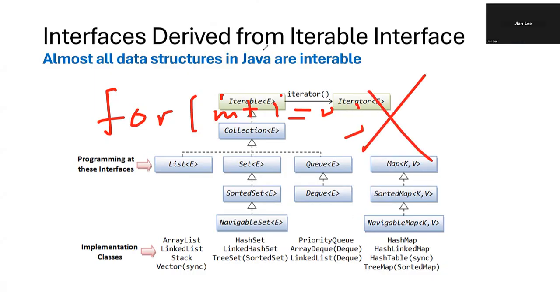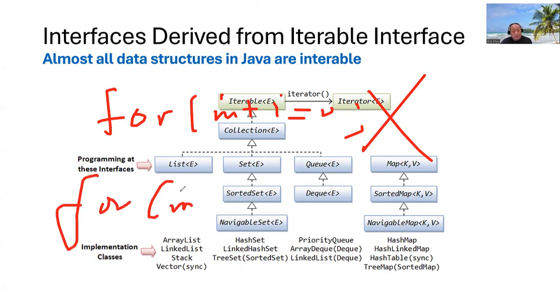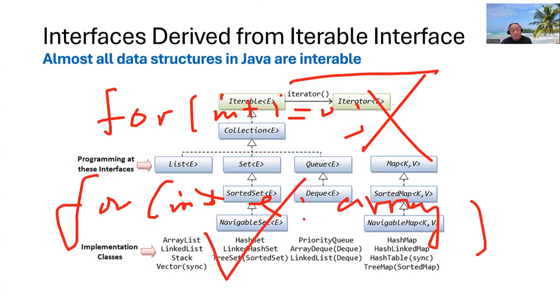I mean advanced for loops. If you do for each integer e from an array, I'm sorry, then this one needs an Iterable. These things need to be iterable.